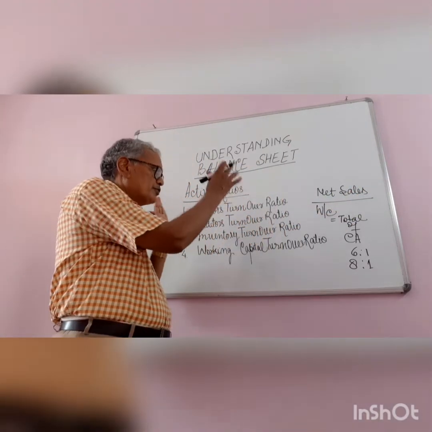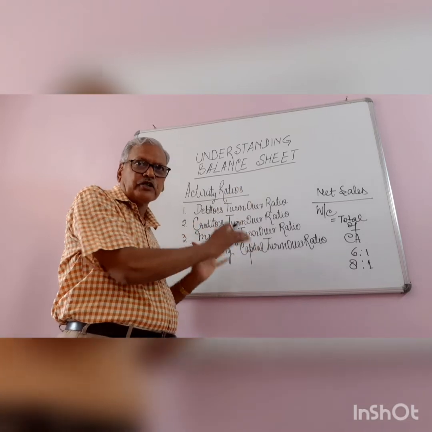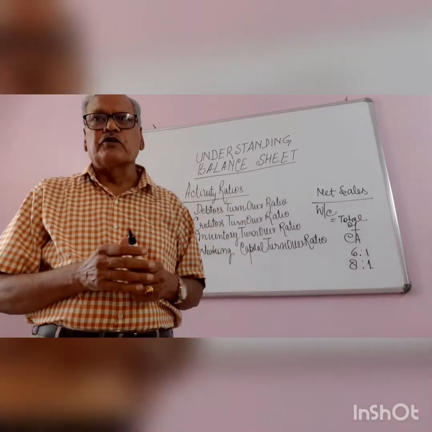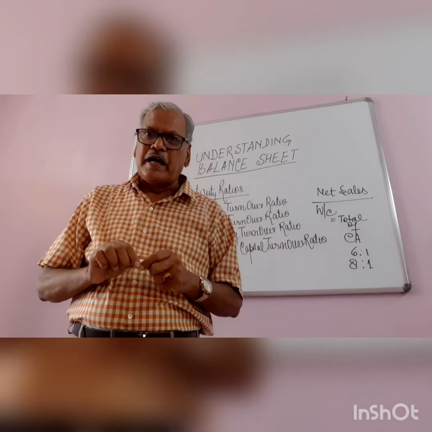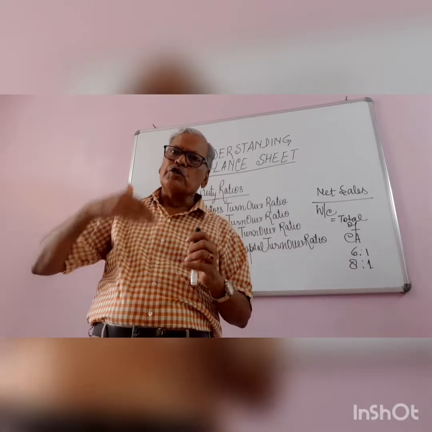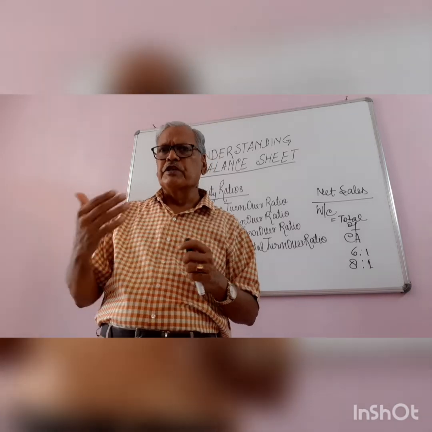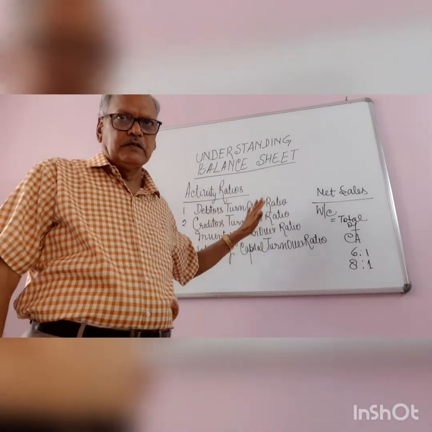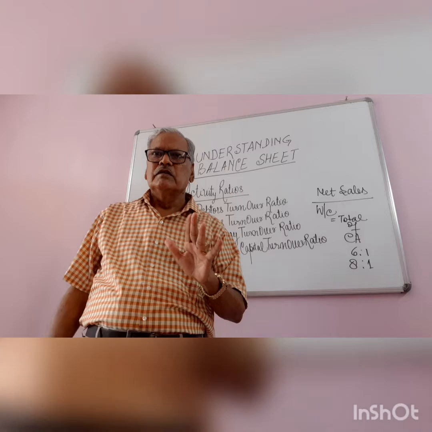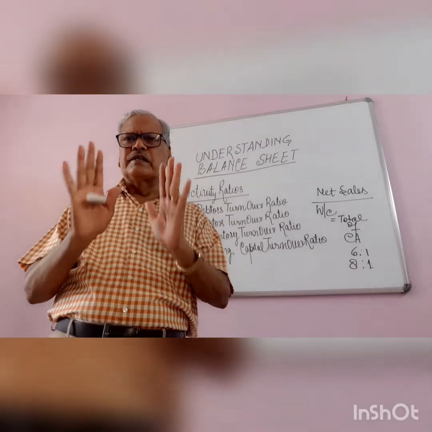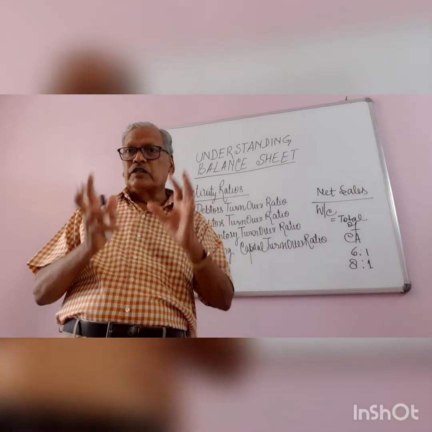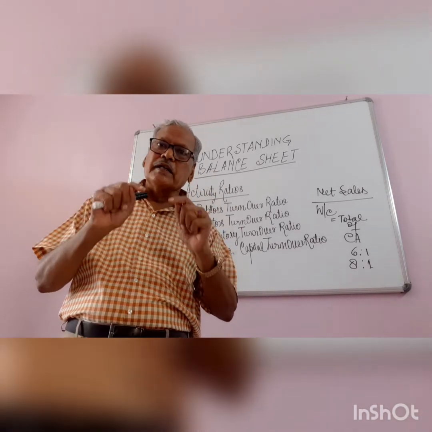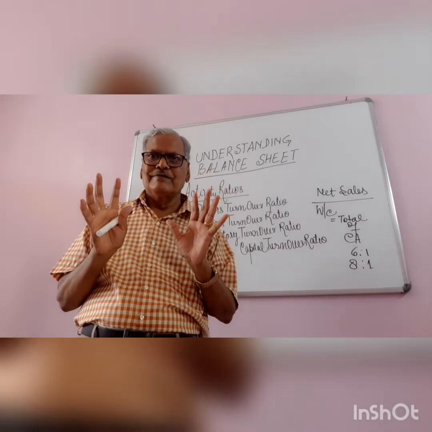So these ratios are important from an activity point of view, and in the end I may say that once you go through all the 4 videos on this topic on my channel, you will certainly understand the basic structure of a balance sheet, the ratios and their utilities.